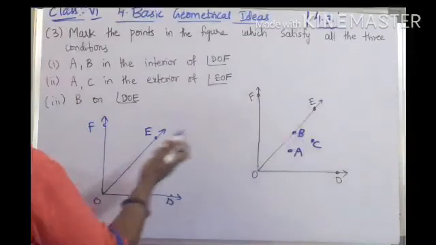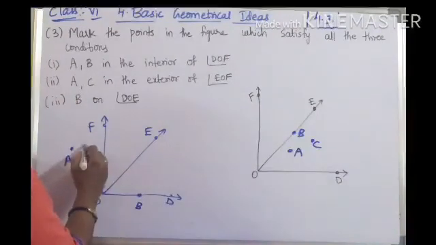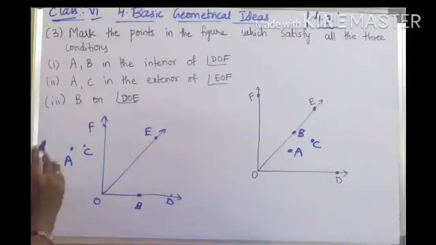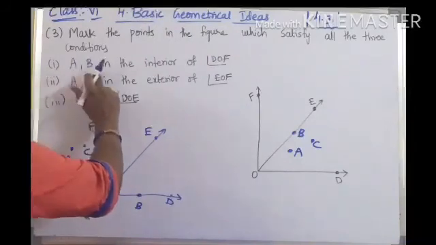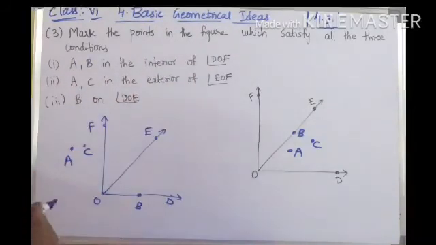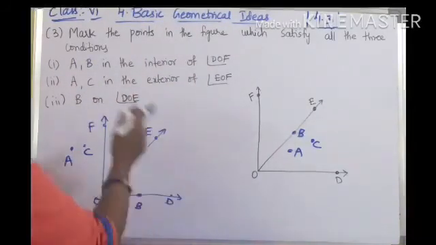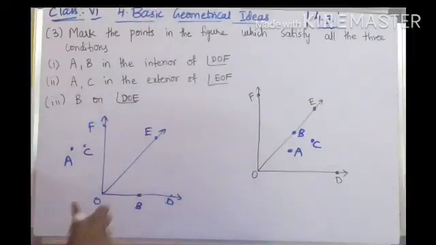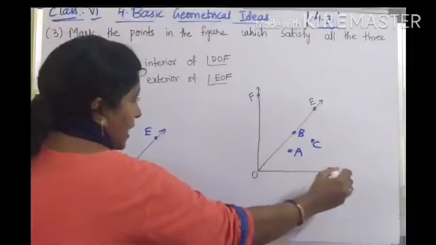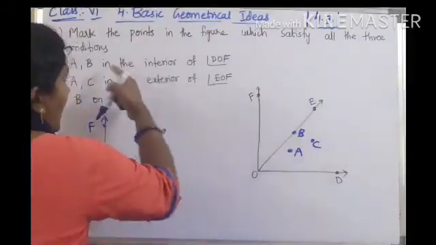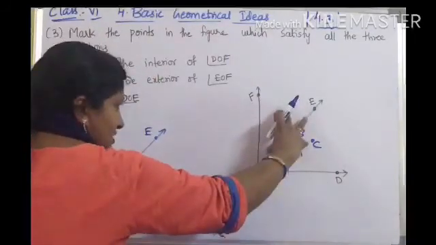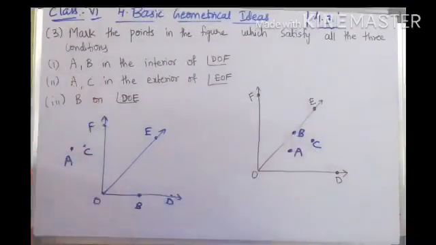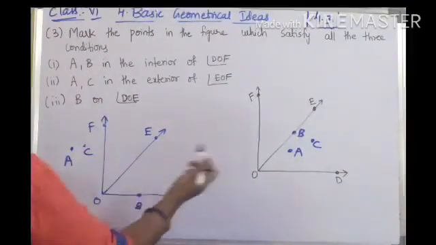In the other figure I can mark here also. Is that clear? Now the next one, A and B in the interior of DOF. Already we got the answer here. A and B in the interior of DOF. Here DOF is what? The big angle. If you see that angle, A and B are inside this angle. Here already we have got A and B, so no need to mark anywhere.